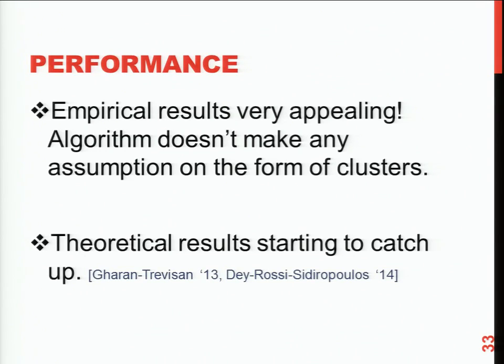Okay. And earlier there weren't too many theoretical results justifying why the spectral embedding algorithm works. But recently, in 2013, and this is just about a month old, Tamal, De, Rossi and Sidiropoulos showed proofs that the spectral embedding algorithm actually works in some formal way.